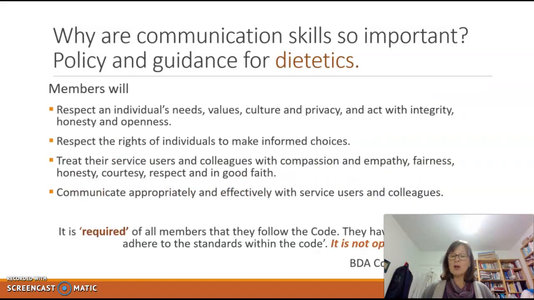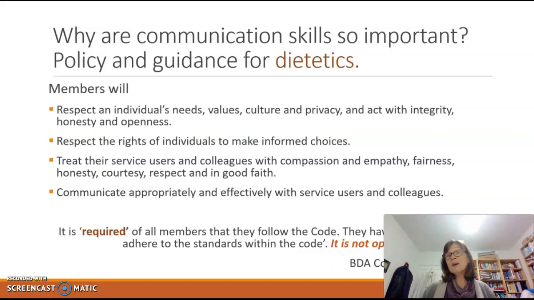And this is our code of conduct. And I really like this. I didn't really study this until quite recently, but this is saying what we will do. So we are going to respect our individuals, their needs, values, culture, etc. We're going to respect that individual's right to make an informed choice.